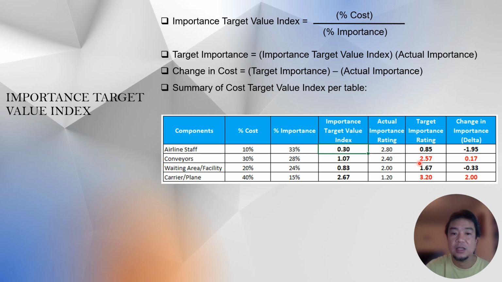In terms of this exercise, the importance to cut cost is on the carrier plane and the conveyors, followed by the waiting area and airline staff. In my previous slide, we have shown that for the airline staff and the waiting area facilities, the cost will have to increase in order for us to improve our customer service.